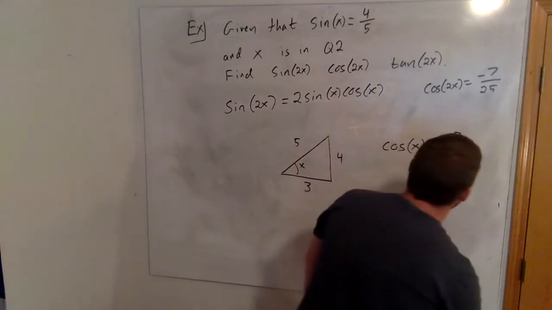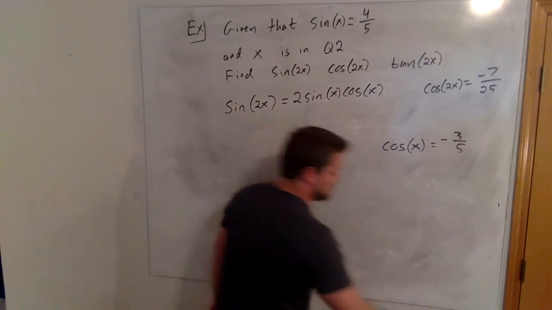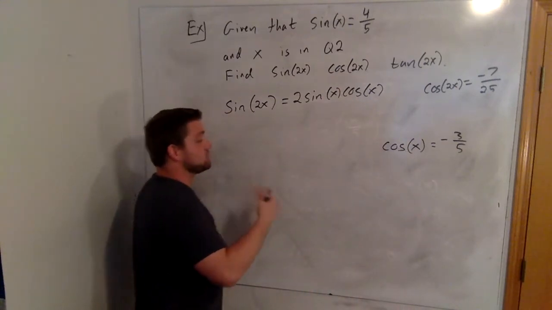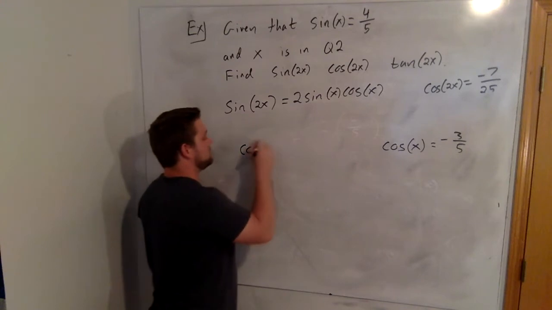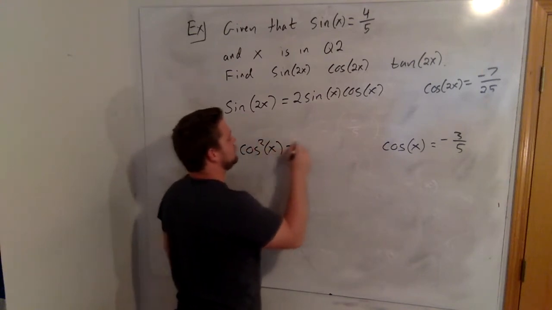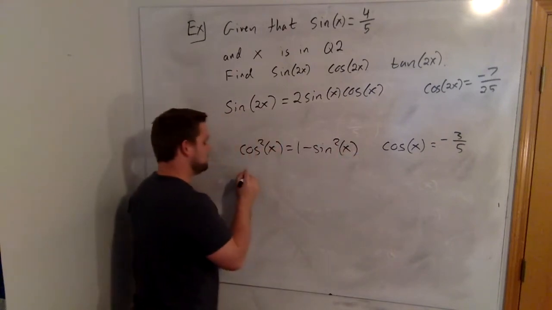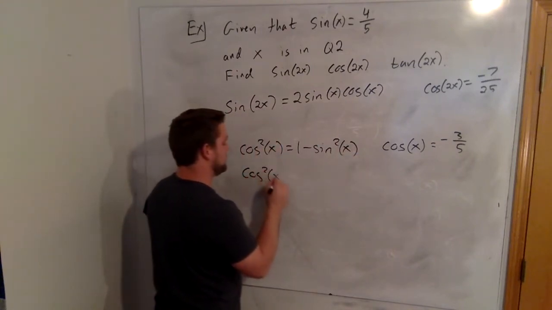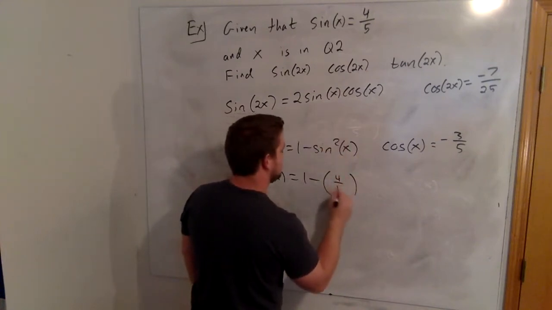Now, if you decide to use a Pythagorean identity here instead of drawing the triangle, you could have done that also. You could have recalled that sine squared plus cosine squared is equal to 1, or that cosine squared of x is equivalent to 1 minus sine squared of x. So we get that cosine squared of x is equal to 1 minus 4/5 squared.